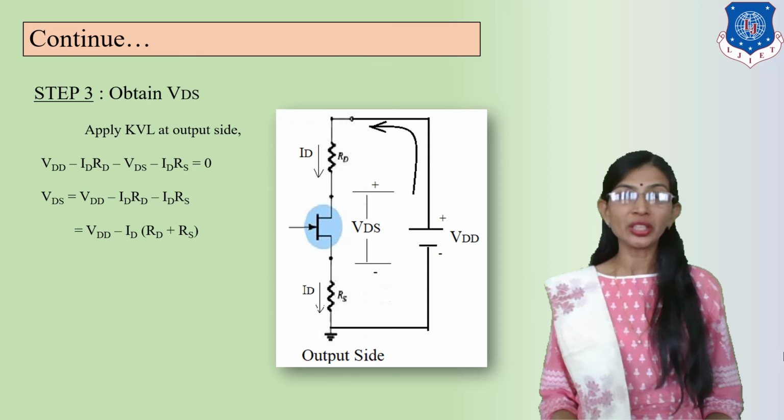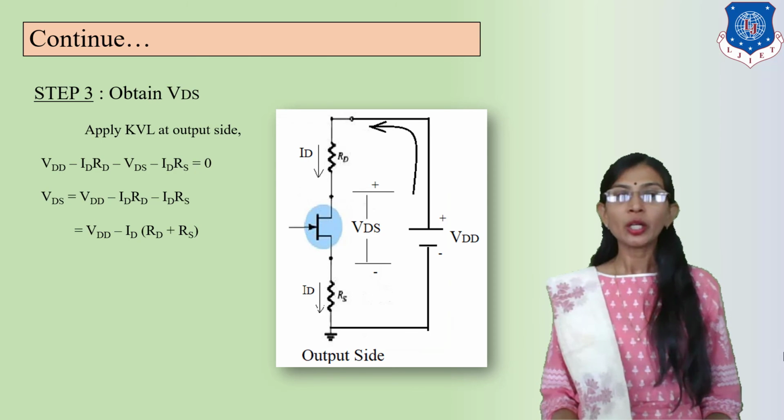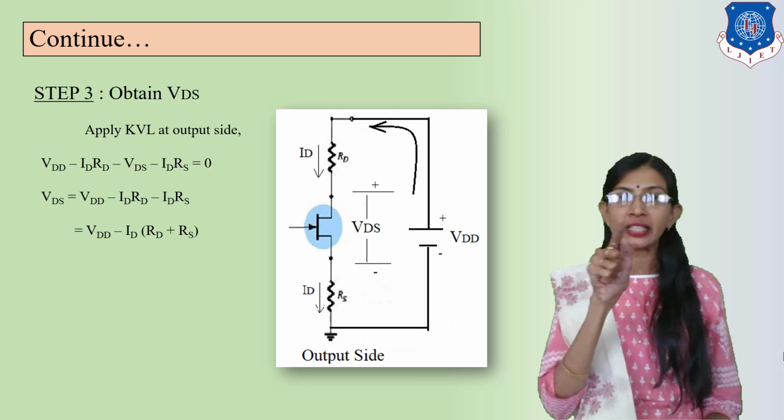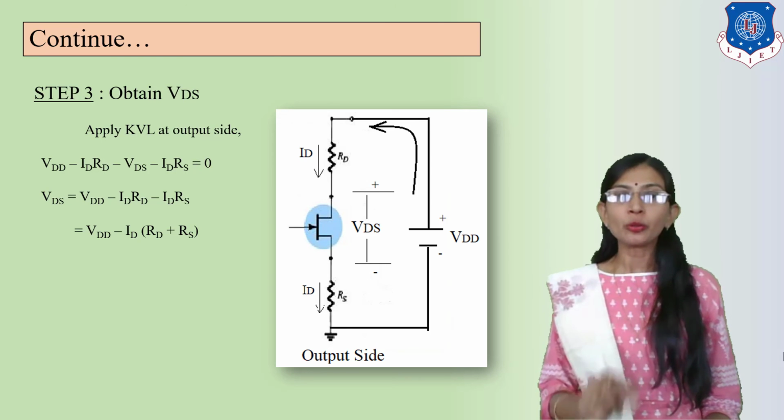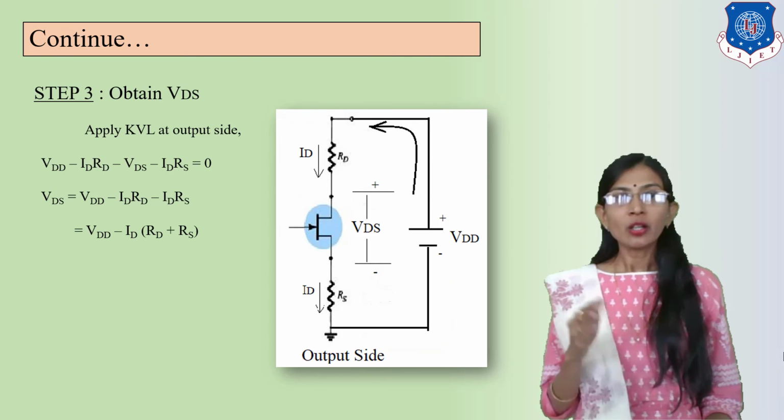Now let's continue with the VDS, step 3. So let us apply the KVL at the output side, and that is VDD minus IDRD minus VDS minus IDRS is equal to 0. Look at this. The arrow of direction is like this, anti-clockwise. So we can define this KVL like this, and then we want the final equation of VDS. So VDS is equal to, all minus terms will be shifted to the right hand side.